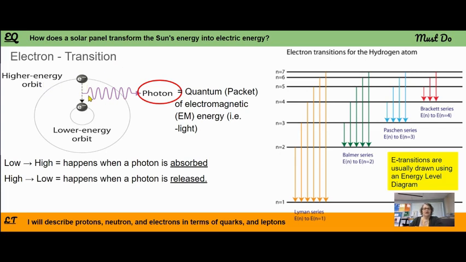It's basically when an electron that is in a higher state of energy drops down to a lower state of energy. Okay.